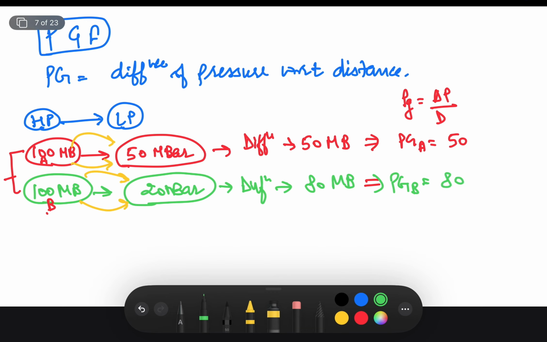So the pressure gradient at A is less than the pressure gradient at B.